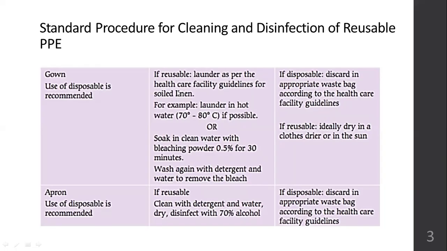Okay, so 70 degrees Celsius to 80 degrees Celsius water temperature is used with detergent to clean it. Okay, or if it is a white gown, then you can use bleaching powder. If it is a colored gown, do not use bleaching powder. Okay, disposable one, directly you can discard it. And for drying, under the sun is ideal, or you can use a cloth dryer in monsoons and all.